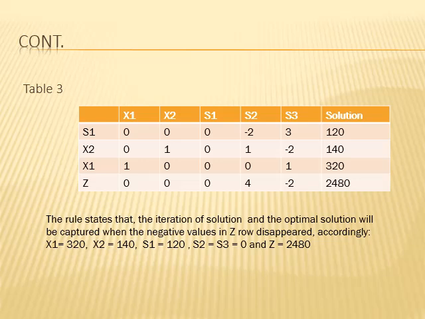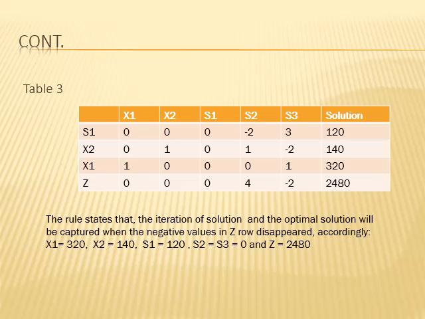Now as you see, the function Z has no negative values. Mainly we mean by the negative values those values which face the basic variables x1, x2, actually, not those which face S1, S2 and S3.